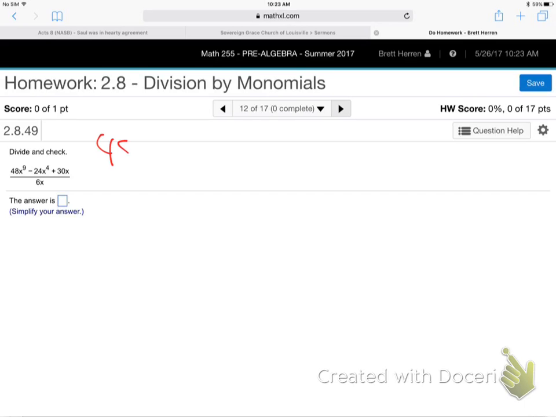So 48x to the 9th minus 24x to the 4th plus 30x, all over 6x. Try to break that one into three fractions, right?